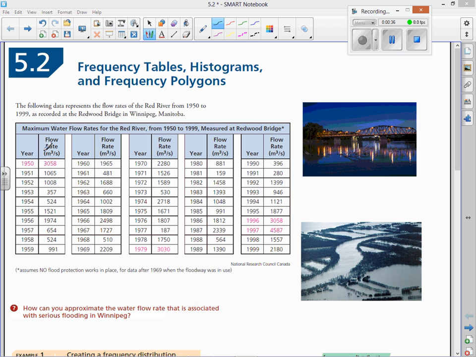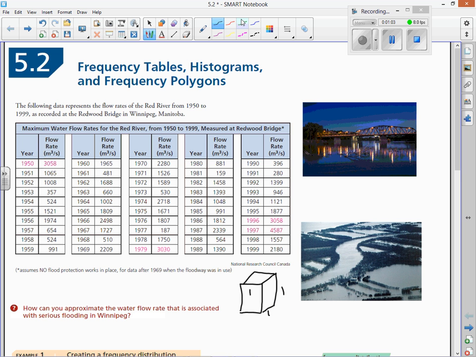Now, when we're talking about flow rates, we're talking about the amount of water that will move past the point in 1 second. So here it's measured in cubic meters per second. Now, as I mentioned in class the other day, the cubic meter, you can think of it as a block that measures 1 meter wide, 1 meter deep, 1 meter high.